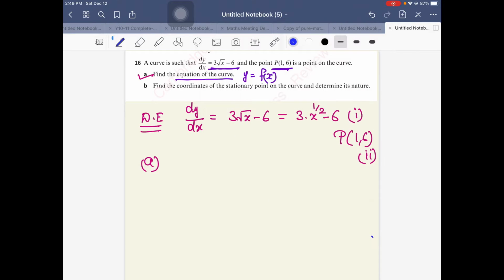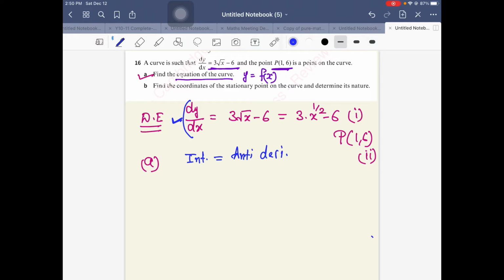Let's start the A part here. From this differential equation, I want to remove this derivative, dy/dx. Definitely, we're going to apply the anti-derivative, because as we understand, integration is nothing but antiderivative. It means whenever we want to remove the derivative, we should take integration.